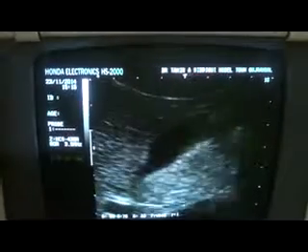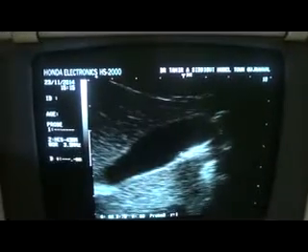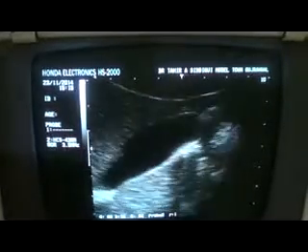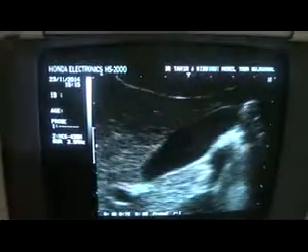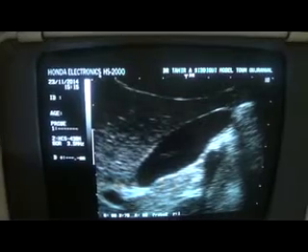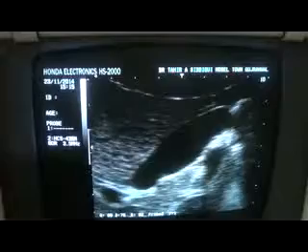This is the gallbladder, and this is the fundus of the gallbladder. This is the fundus, body of the gallbladder, and I can also see the portal vein running at right angles to the neck of the gallbladder. This is the neck of the gallbladder, this is the portal vein. So this is one maneuver.